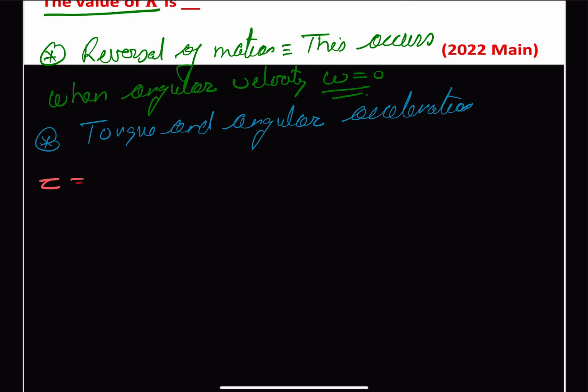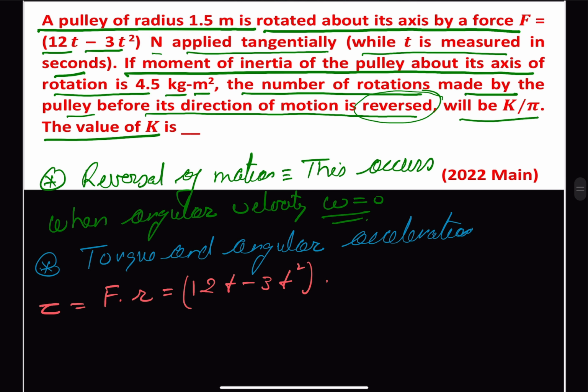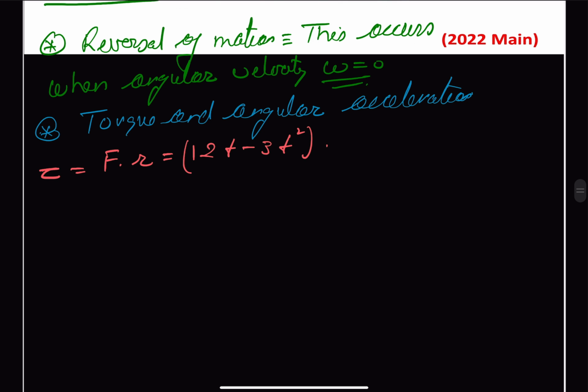So we can say tau is equal to F r, which comes as 12t minus 3t square, and radius is given to us as 1.5. This comes as 18t minus 4.5 t square.